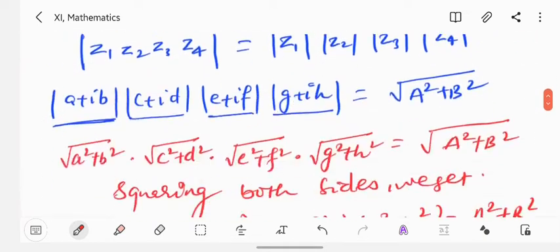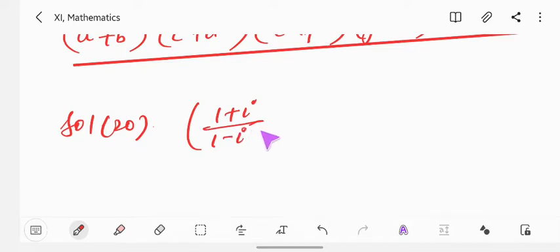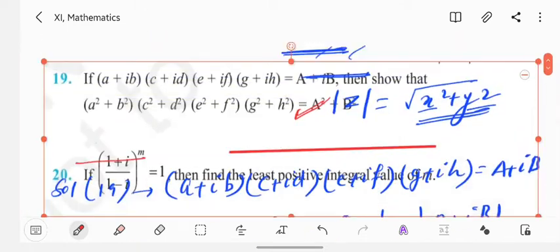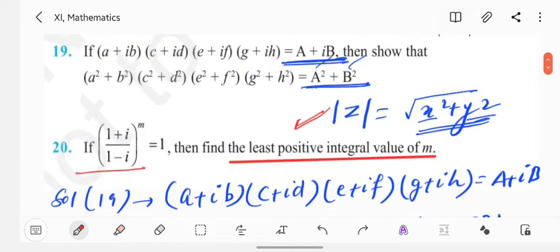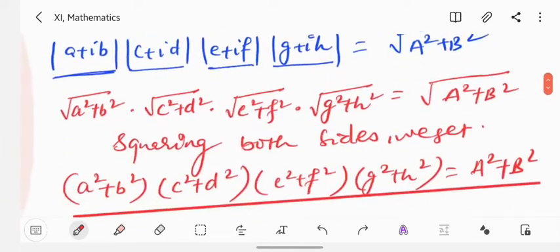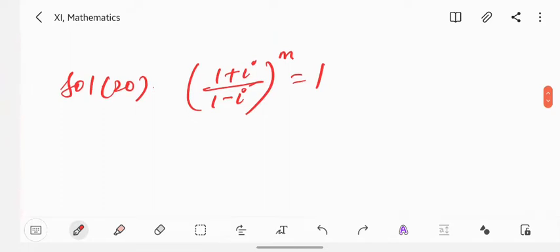Solution of 20. 1 plus i by 1 minus i, power m equals 1. Finding the least possible positive integral value of m. So you need to find the value of m here. Very easy question.